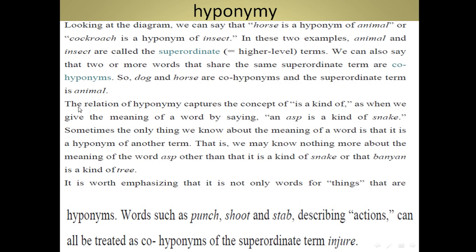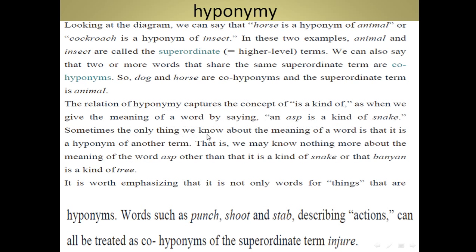The relation of hyponymy captures the concept of is a kind of. When we say a kind of, that means we talk about hyponymy. As when we give the meaning of a word by saying an asp is a kind of snake, or in other words, asp is a hyponym of snake.